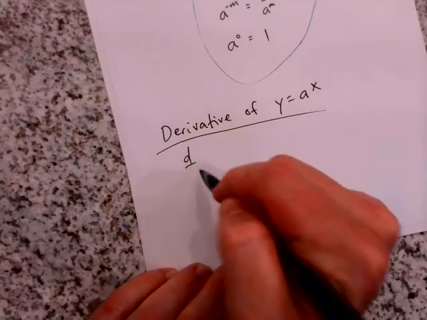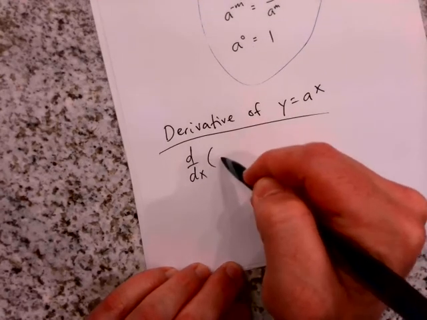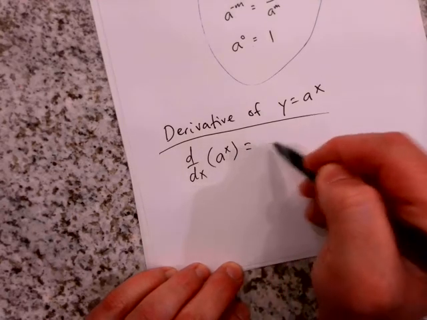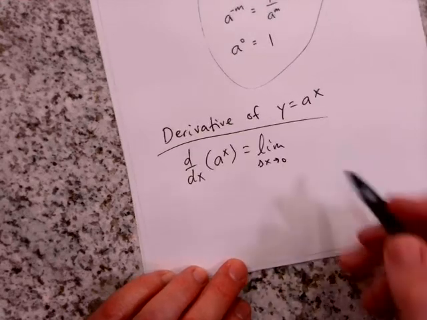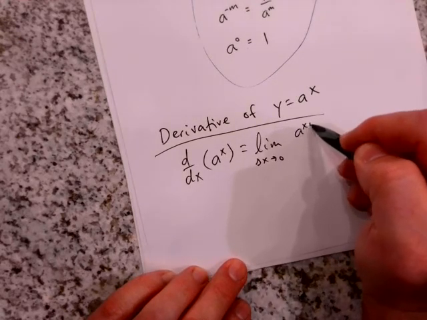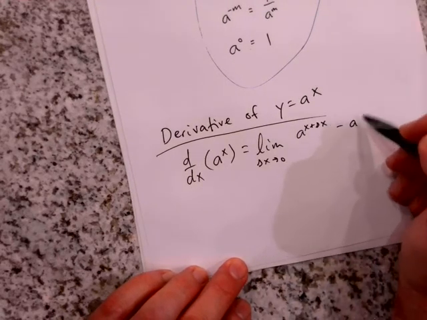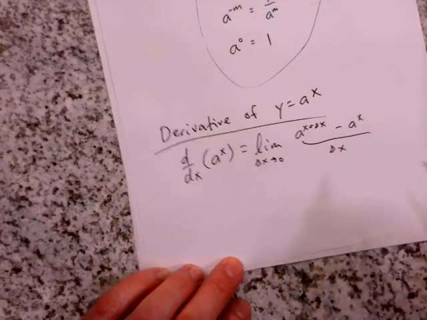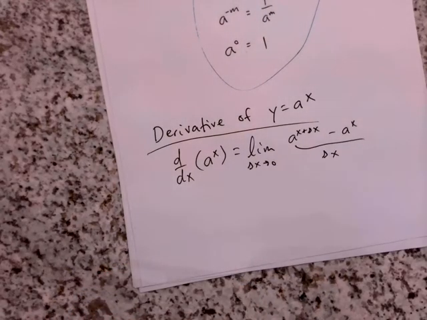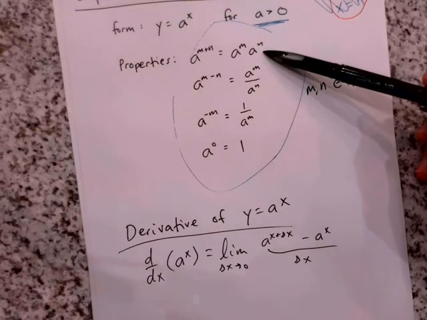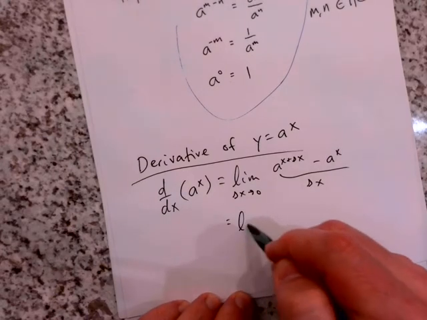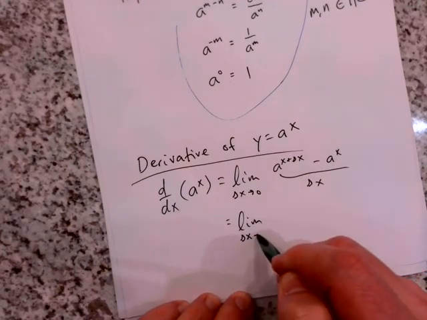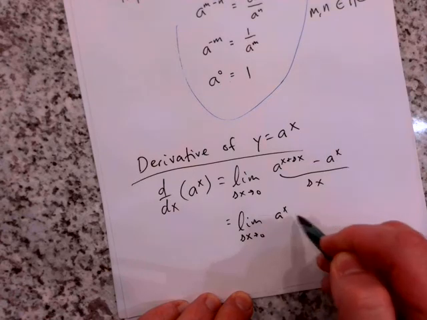The derivative with respect to x of a to the x is the limit as delta x approaches 0 of f of x plus delta x minus f of x, over delta x, where f of x is a to the x. We then use this property right here to rewrite our first term. The rest of the limit stays as it is.